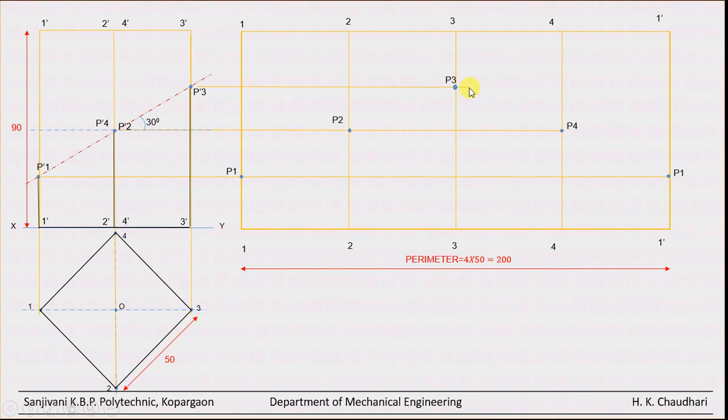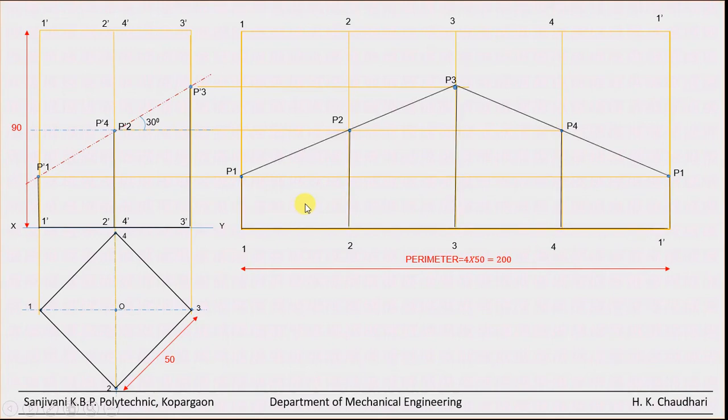Then P2 P3, okay, P3 P4, and finally P4 to P1. So join, and remaining vertical edges also we have to show by thick line. So draw the thick lines like this, clear? Now this thick lines, combination of this thick line, they are the development of our prism, clear?